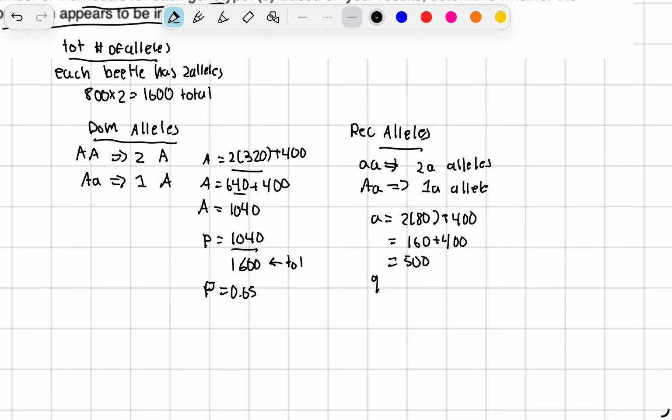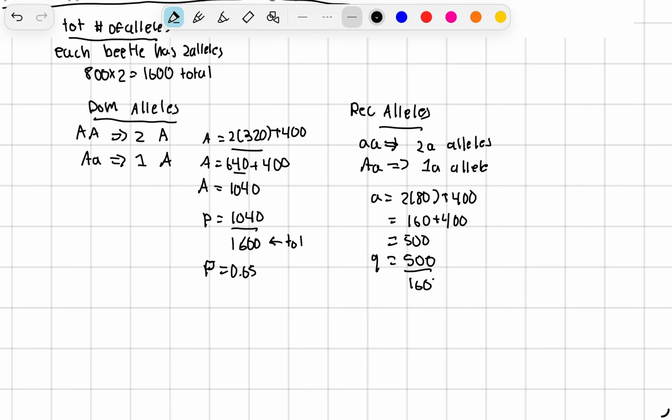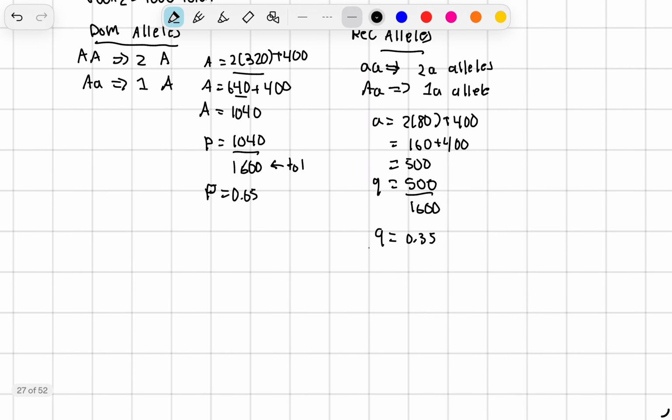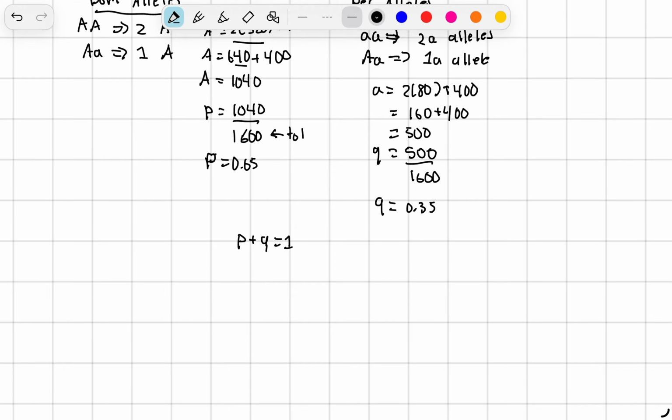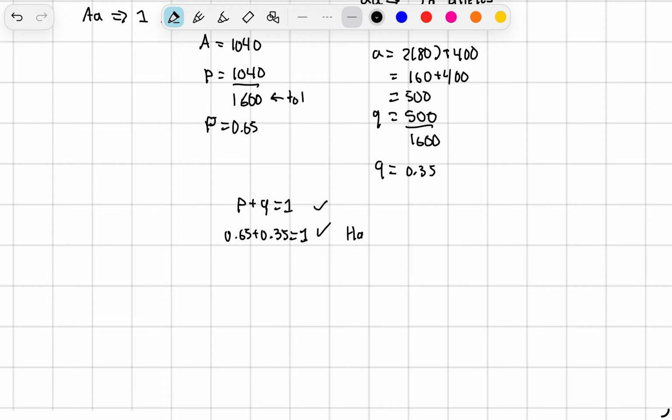To find q, we take this 500 and divide it by our total 1,600, and we get that q is 0.35. If we know that p plus q is equal to 1, we have 0.65 plus 0.35 equal to 1, and this makes sense for Hardy-Weinberg equilibrium.